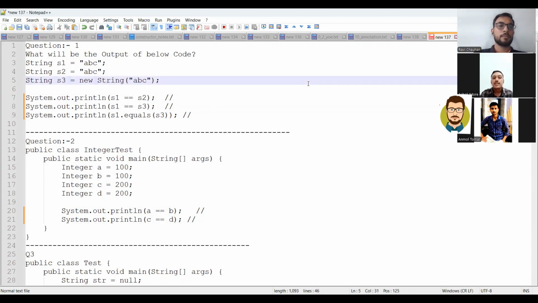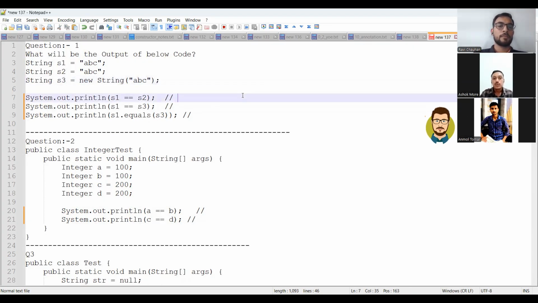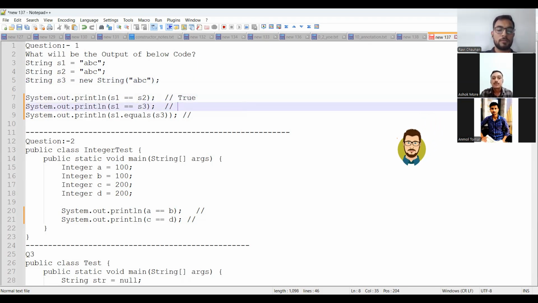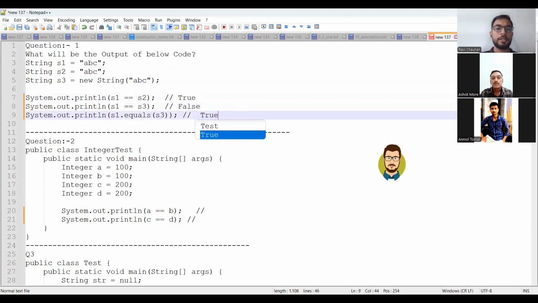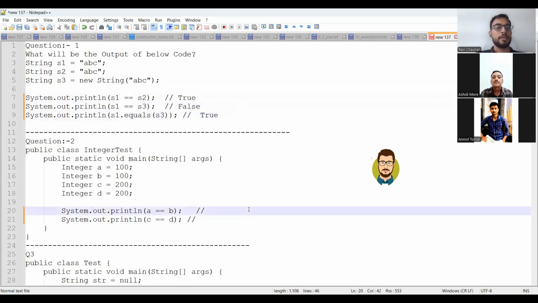So basically, the first question output is true, false, true. And question 2, line numbers 20 and 21.